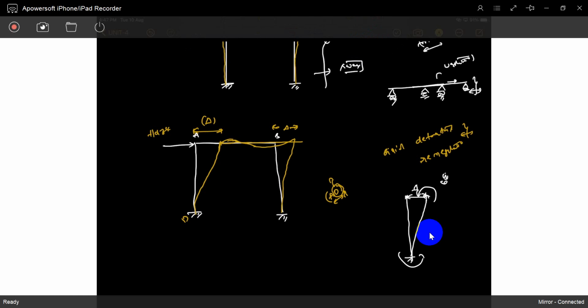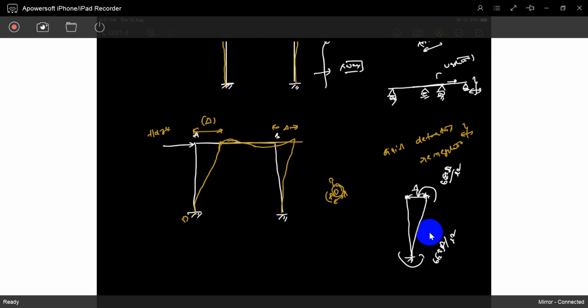What is that moment? 6EI delta by L square. Delta is generating 6EI delta by L square. The support is displaced. Actually A is a hinge joint.